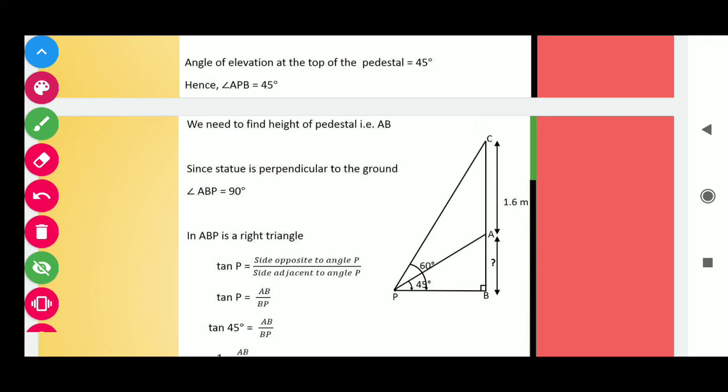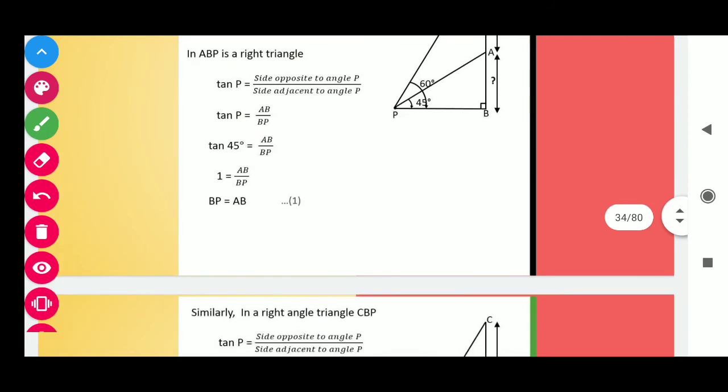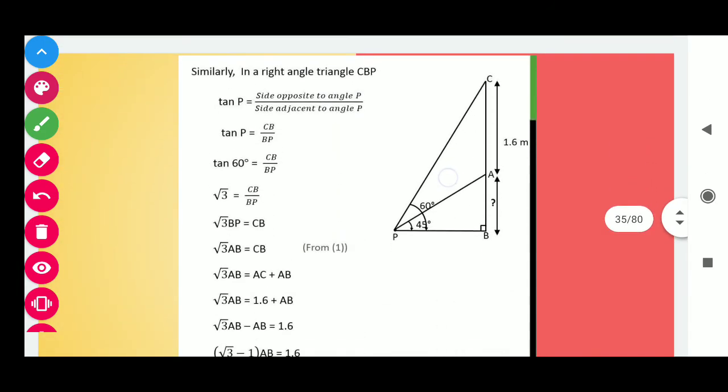So students, here the relation between perpendicular and base is the tan, and tan P is AB over BP. You can see here, and angle of elevation is 45 degree. In this way we get AB is equal to BP. Now students, similarly we take the second triangle. Second triangle is CBP.